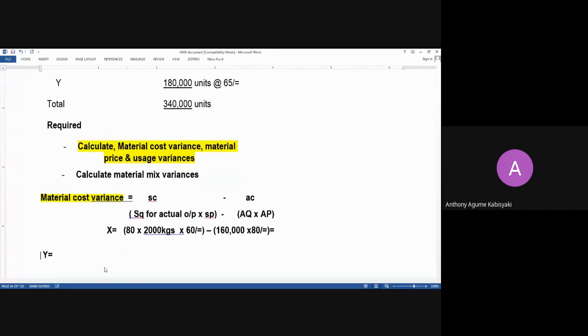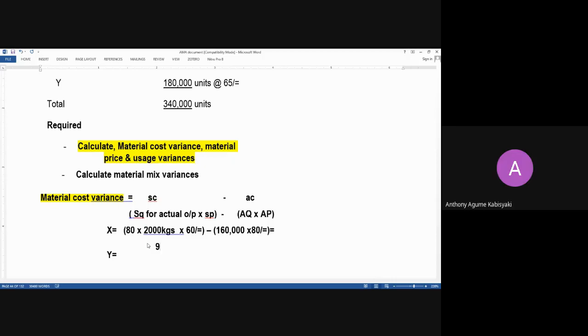Before I go, when I get this times 60, what do I get here? What is the standard cost? 9.6.